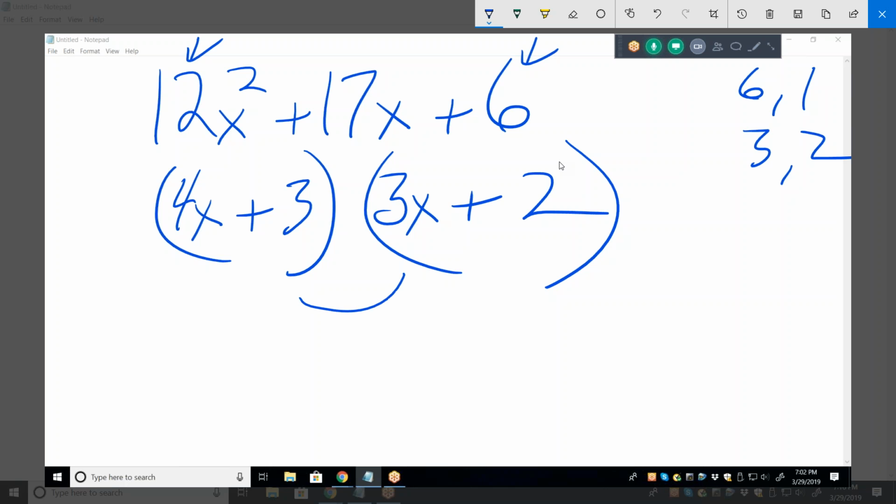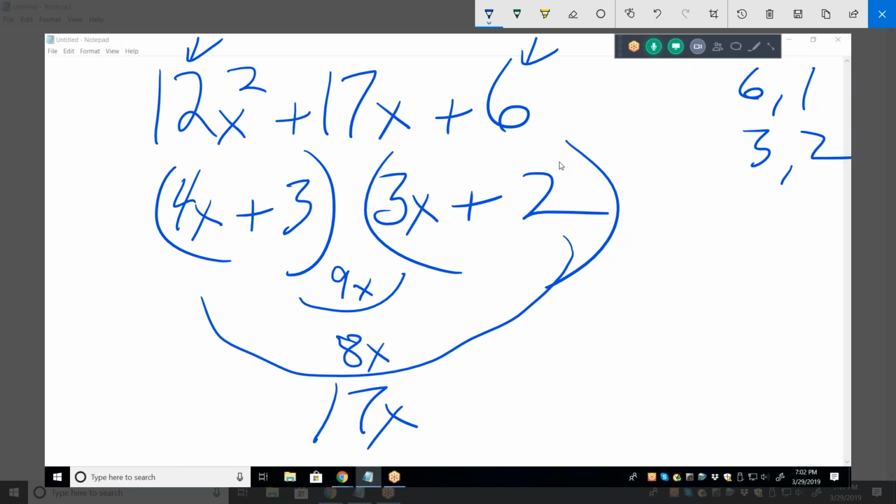No, do the inside, do the outside. Okay. So that would be 8 and 9, which would actually be 17, yeah. That's the answer. First trial, we got the answer. Pretty unusual, but not that unusual.